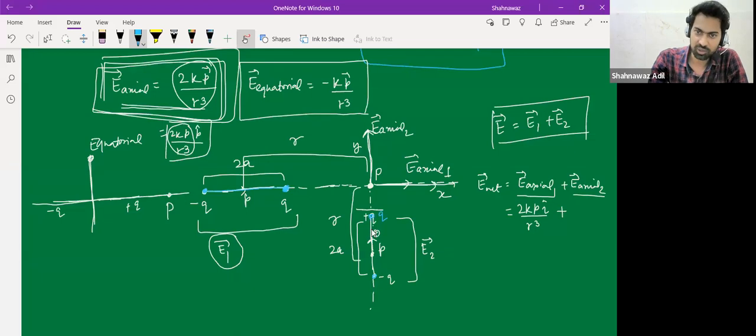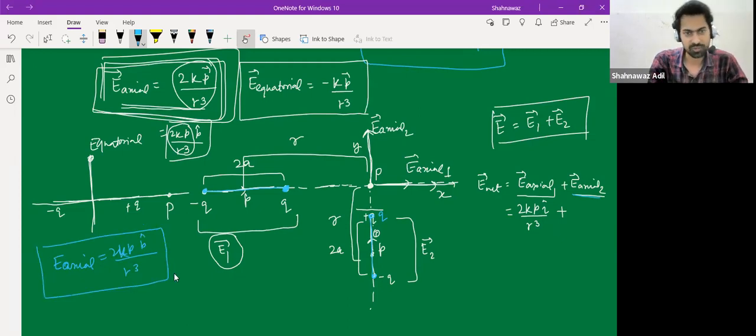Minus Q. So this is E axial, and E axial is 2 kp p hat by rq. This we know, right?